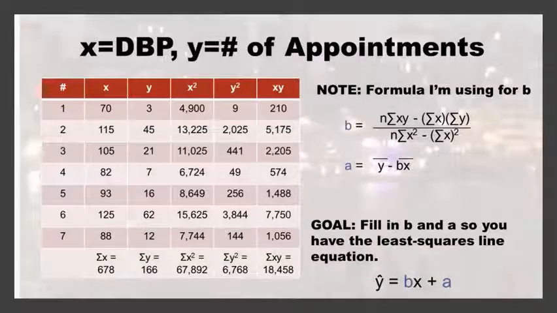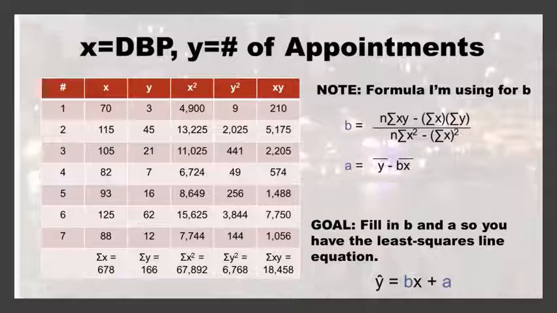Okay, now we're going to get into some serious calculations, guys. Stemming from the problem that we had in our last lesson, we're going to use that exact same problem because that's where we did all of our work from. Remember, a little refresher, it was about how we wanted to see if there was a correlation between the diastolic blood pressure of the patients and how many visits those patients had in the year.